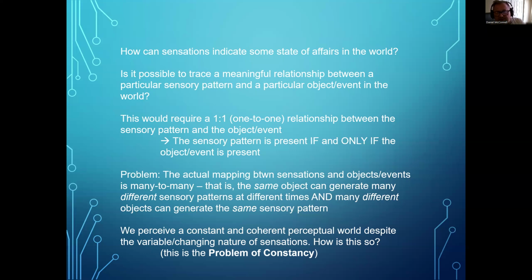But that's clearly not the case, because Spock may look different on different days. Of course, we have to look at Spock from different angles. So sometimes we're looking at him from the left or to the right.